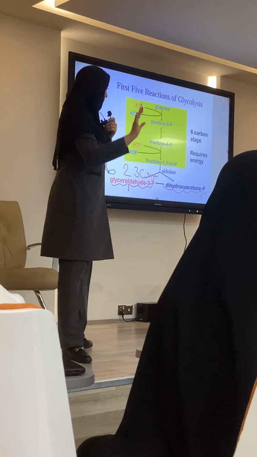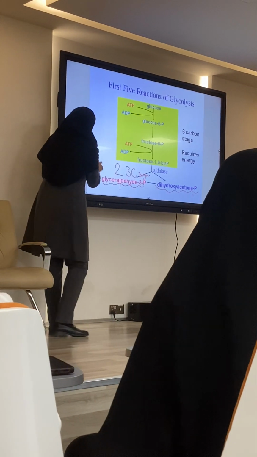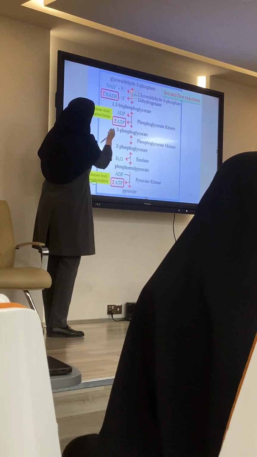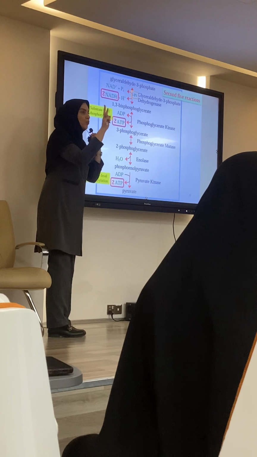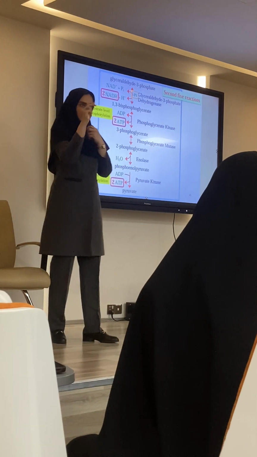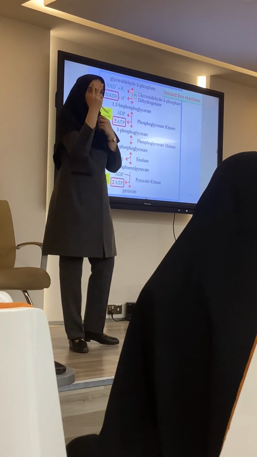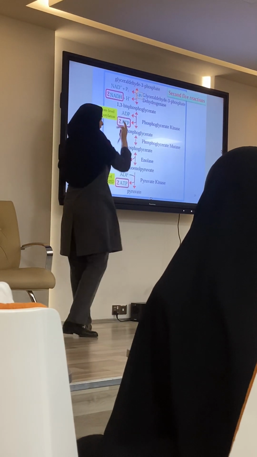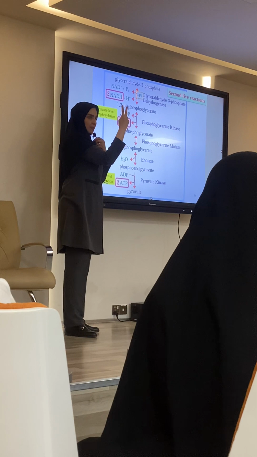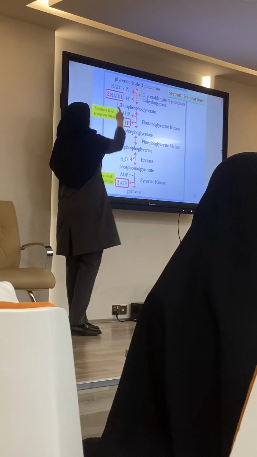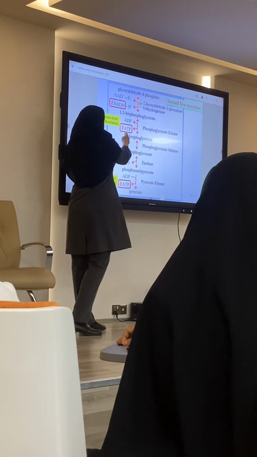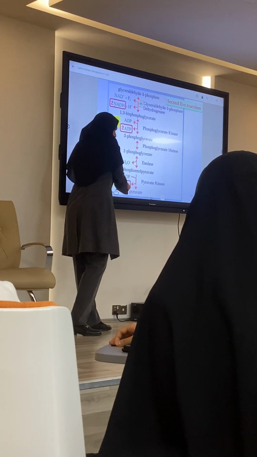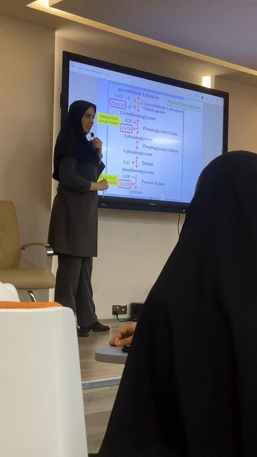Do you understand? After that, if I continue the procedure, the second step, now we have 2 glyceraldehyde. Can you imagine? 2 glyceraldehyde. So, 2 NADH because 2 glyceraldehyde is present, 2 NADH at this step. 2 ATP from the kinase activity here. 2 ATP from the pyruvate kinase activity here.